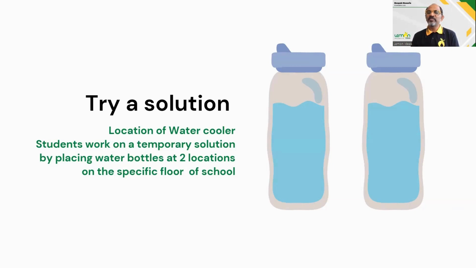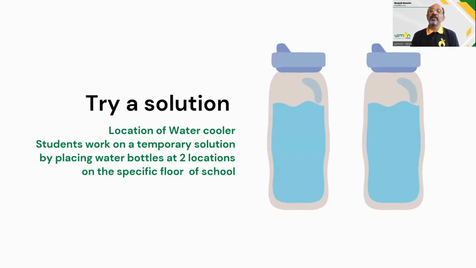So after much discussion, this bunch of smart students decided to have some water bottles. They went to their principal and requested, okay, we are trying to address this problem which has come through a feedback in our school. We are very concerned about this, and we want your help and support.